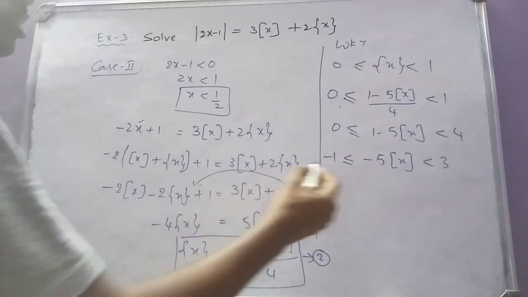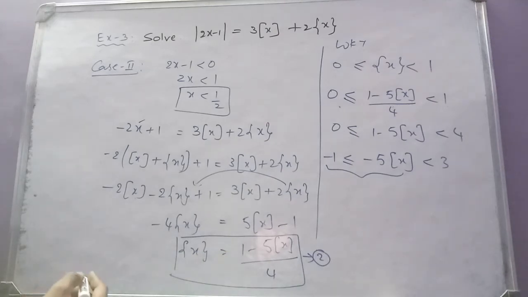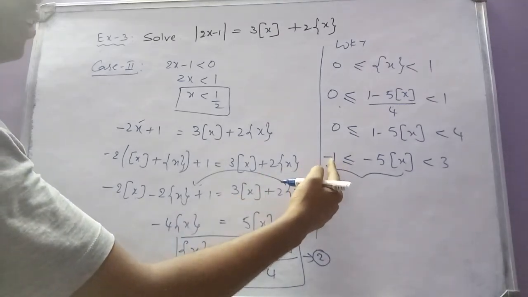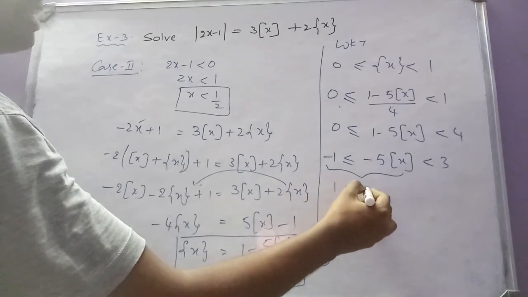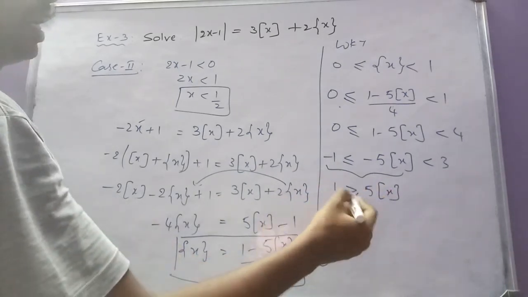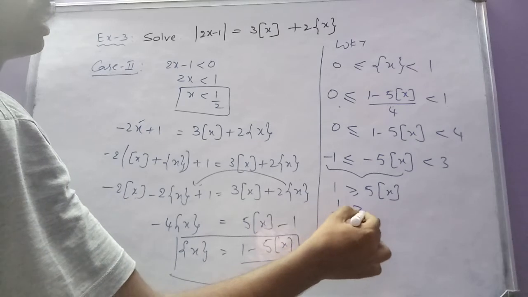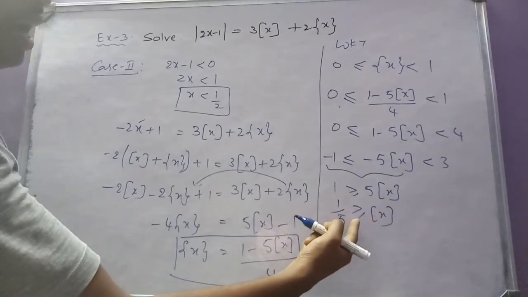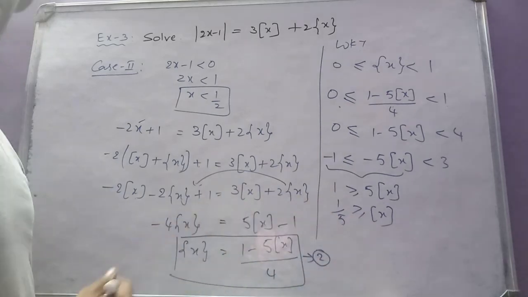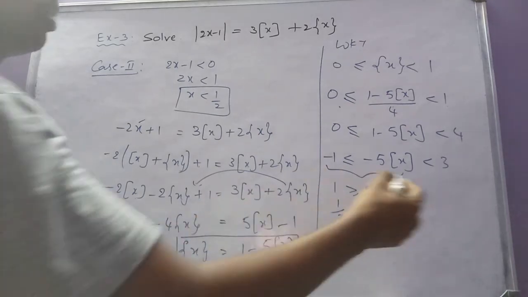So then, dear students, if you take these two and multiply by minus on both sides, the inequality will be reversed. 1 is greater than or equal to 5 times step x, and hence 1 by 5 is greater than or equal to step x. So step x is less than or equal to 1 by 5, remember.